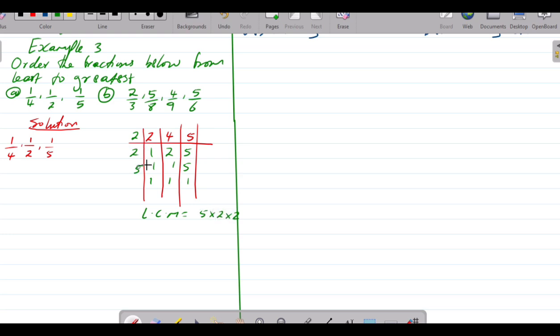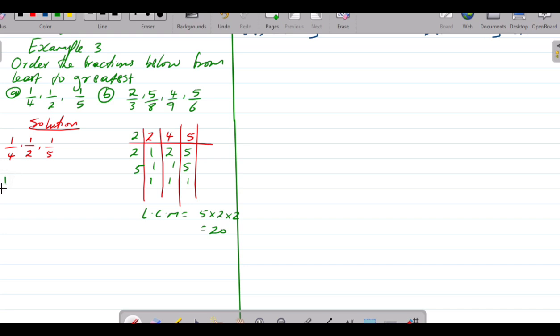So 5 times 2 is 10. 10 times 2, that's 20. So our LCM here is what? Is 20. So all we need to do now here is to what? Make this denominator to be equivalent by multiplying each fractions by the LCM.